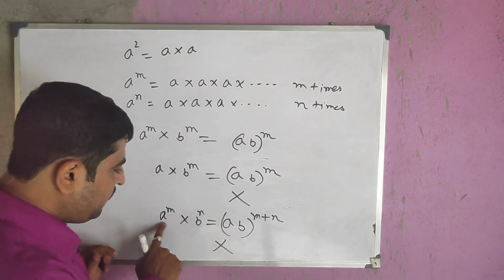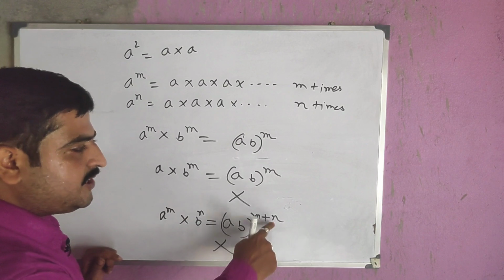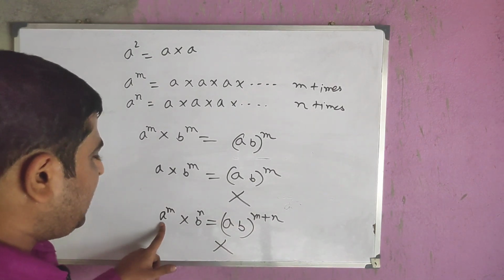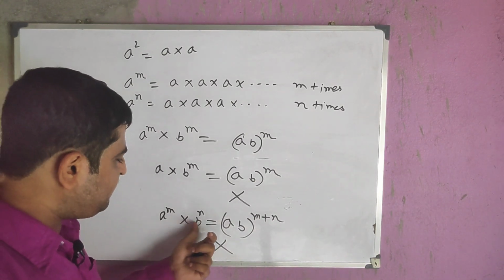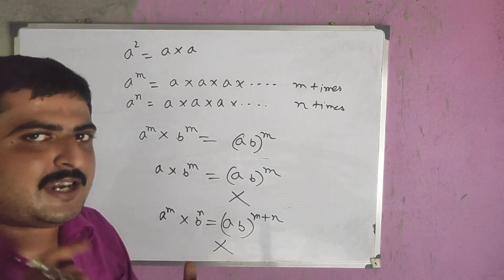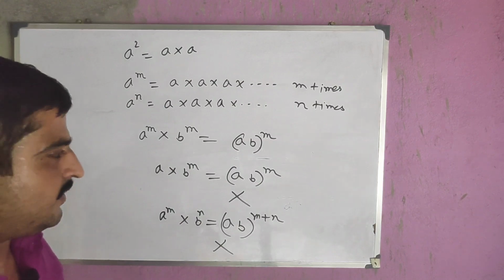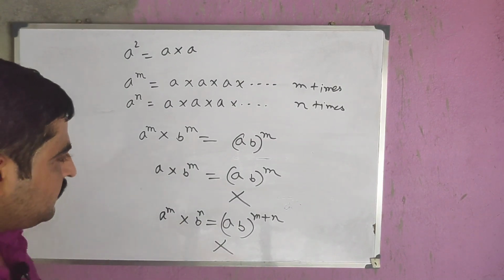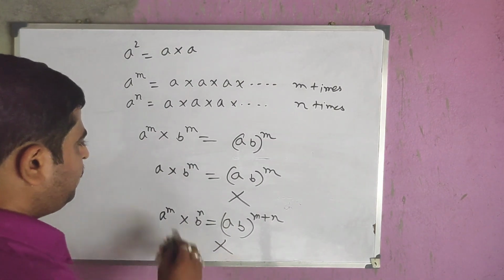So as here the bases are not equal, we can't do that step. It means a is multiplied m times and b is multiplied n times. That does not mean that ab is multiplied m plus n times. So these are the wrong methods.